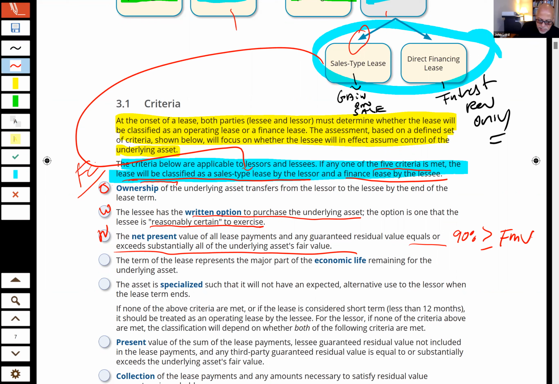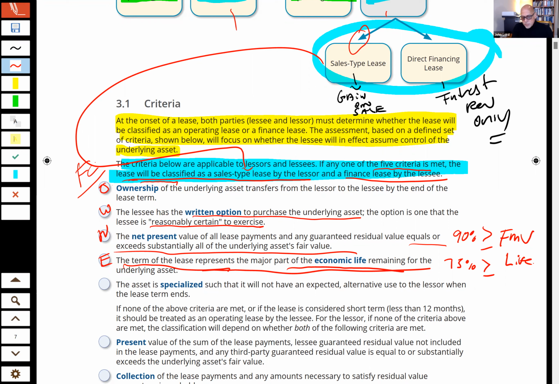Okay, the lease term is a major part of the economic life. In the olden days, that was equal to or greater than 75% of the life. The lease term was greater than or equal to 75% of the life of the asset.